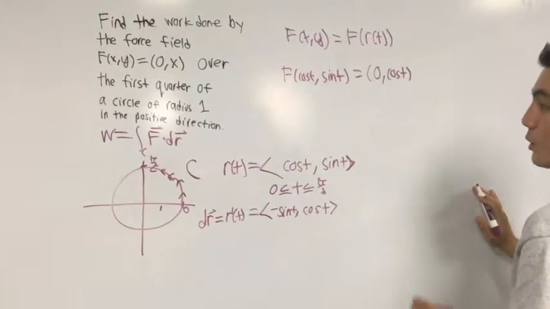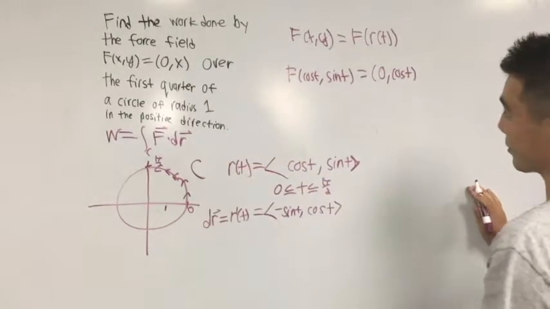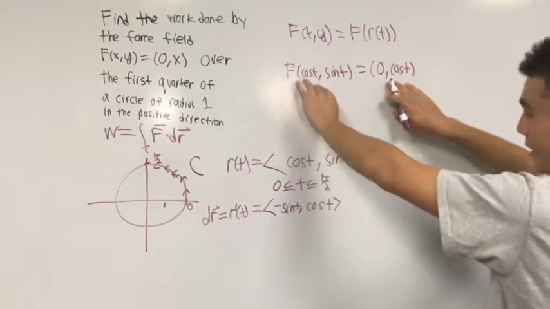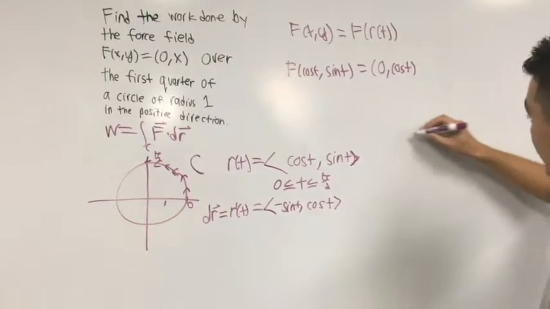Now, this is a dot product. So in order to find the work, we're going to have to take the dot product of f and dr. So let's rewrite this integral.